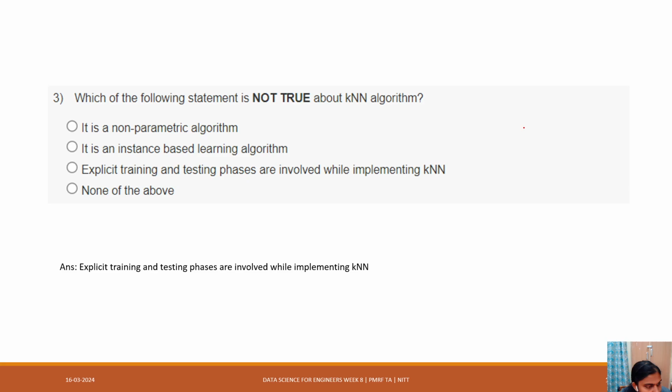Aishwarya, you have given answer A for this particular question. Anyway, the KNN algorithm is known as a non-parametric algorithm. You can go through the lecture slide also. It doesn't rely on assumptions that are based on the data. If it is a parametric algorithm, then it relies on the distribution of the data and the probabilities drawn from that data.